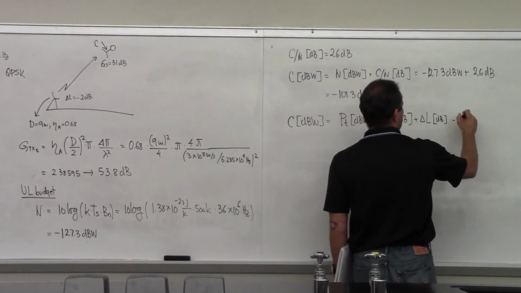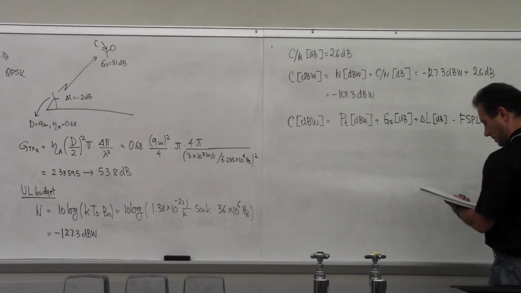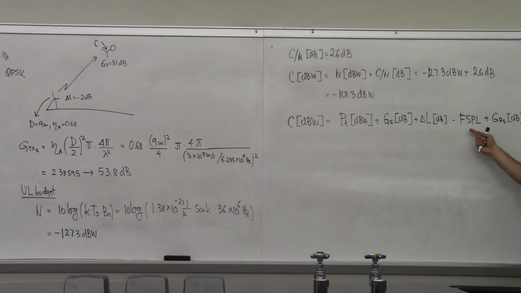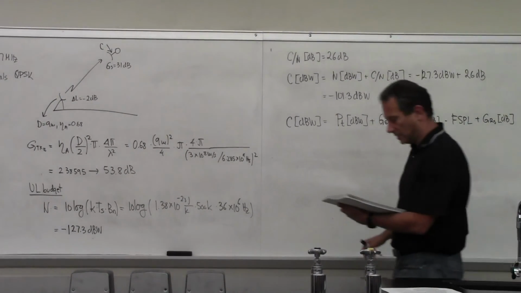Then minus free space path loss, and then plus the gain of the receive antenna at the satellite. Right? So the only thing that I don't know as of yet is what the free space path loss is, so that's easy to calculate.